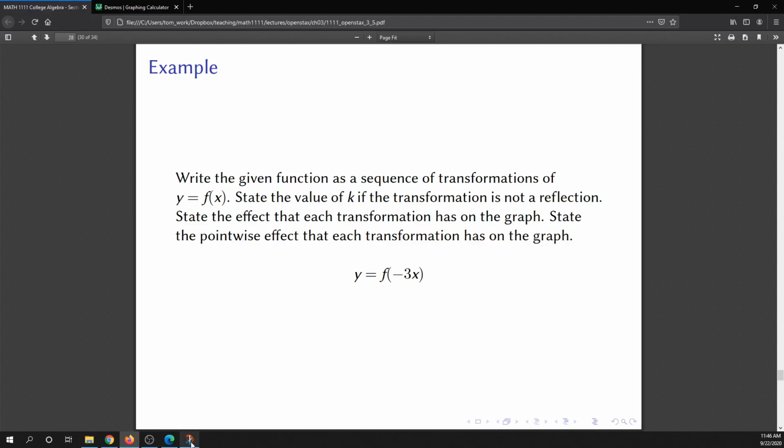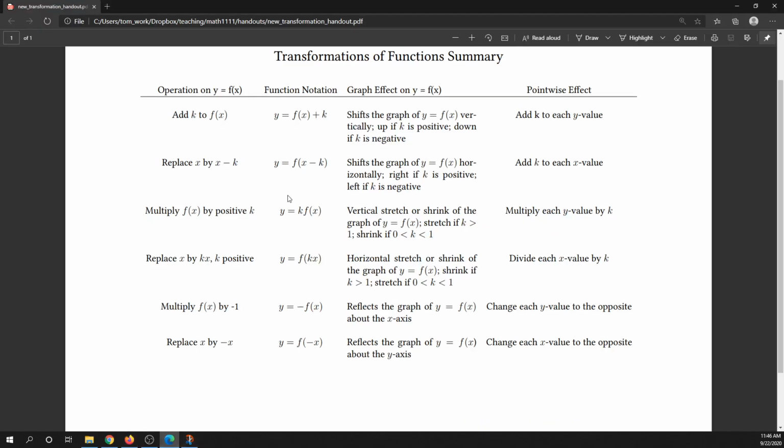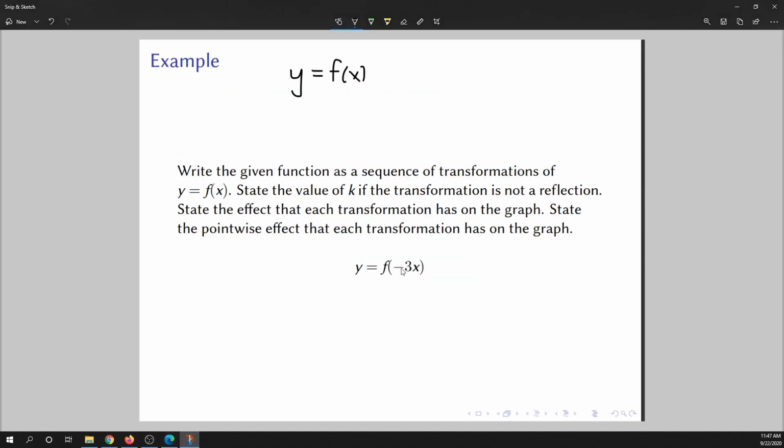Here are the six transformations. Of the ones we're looking at, this one looks the most like it: y equals f of kx, where we replace x by kx. But the restriction is that k needs to be positive, and we have a negative number that we want to wind up with.